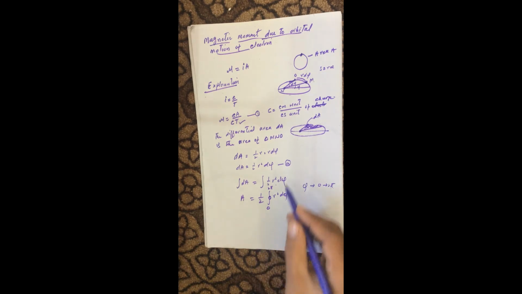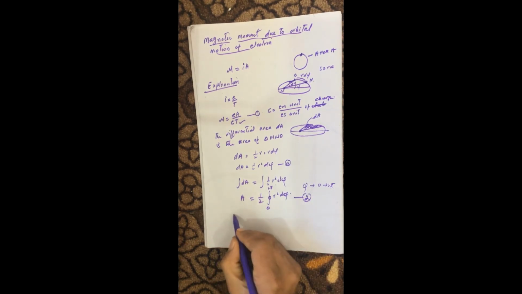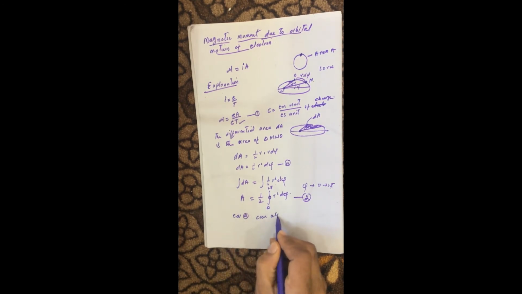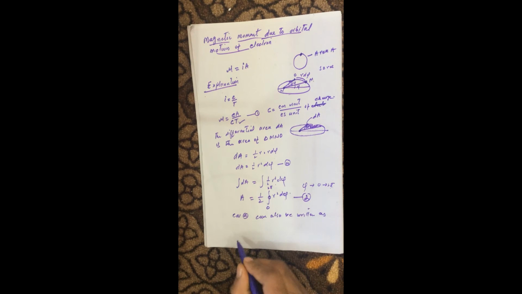Now equation A can also be written as, we have dA equal to 1 over 2 r square d phi, so I divide both sides of this equation by dt.